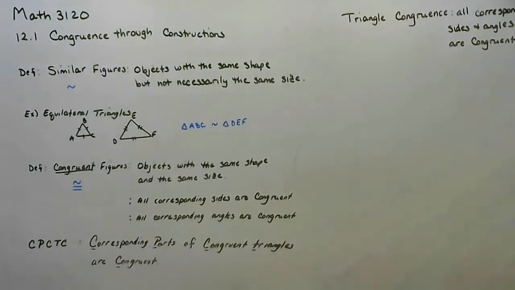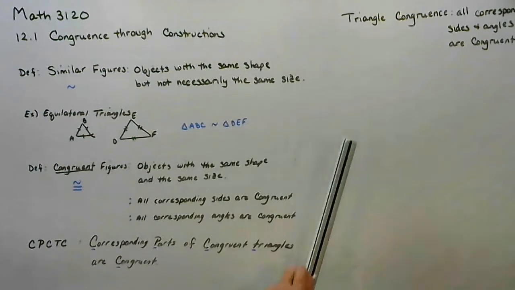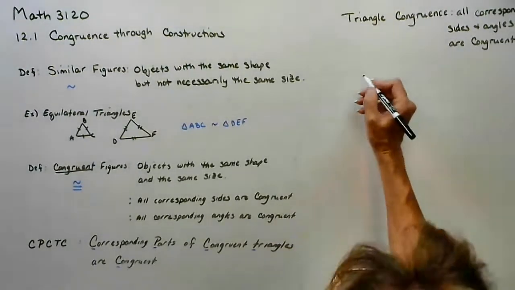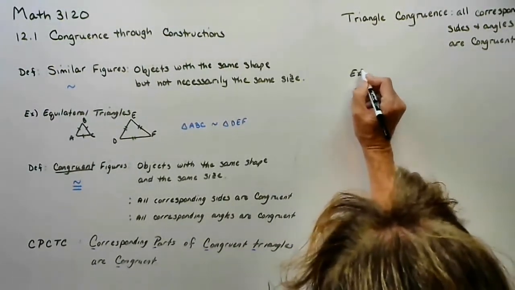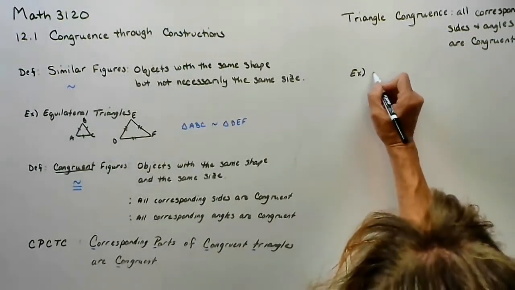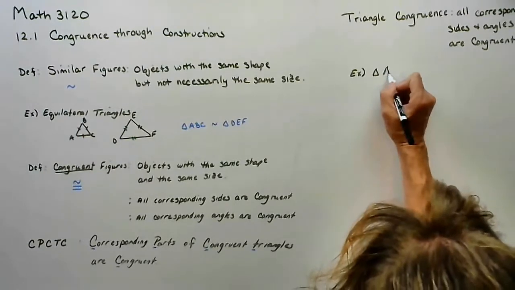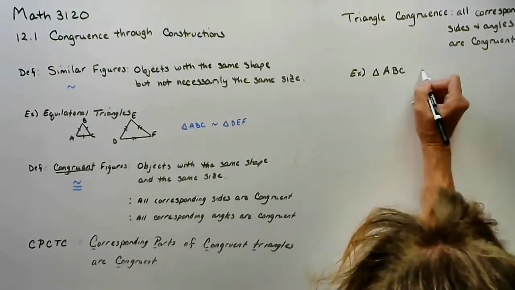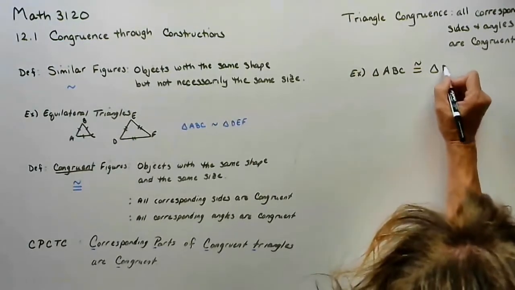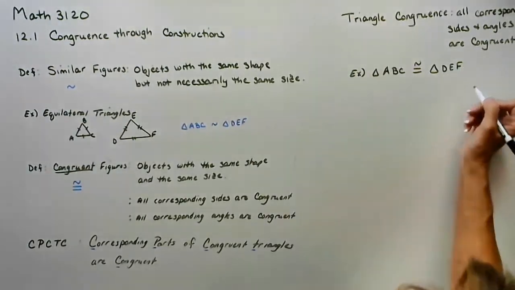Okay, we're going to sketch a shape. And for our purposes, we're going to make an assumption that they are congruent. And let's practice. Okay? So let's say I tell you that you are given triangle ABC is congruent to triangle DEF.